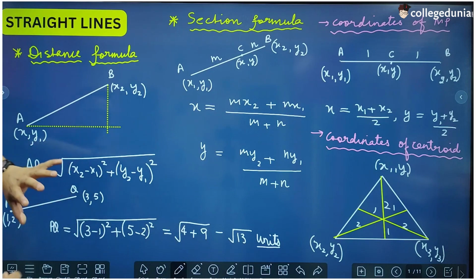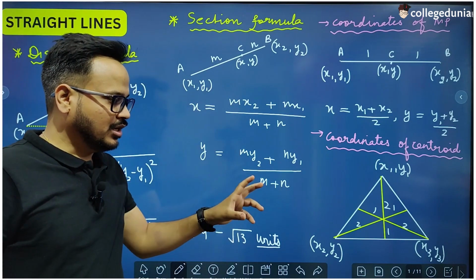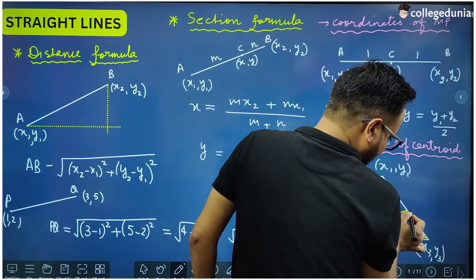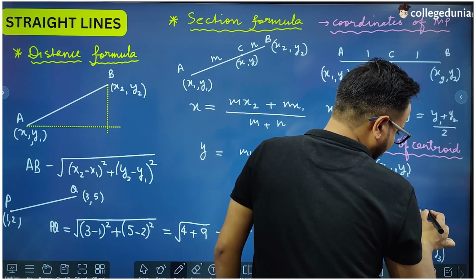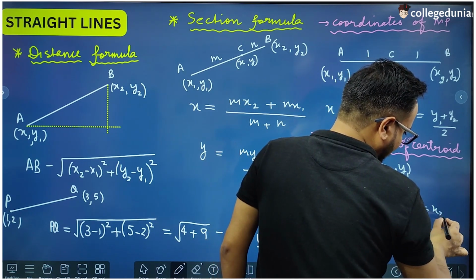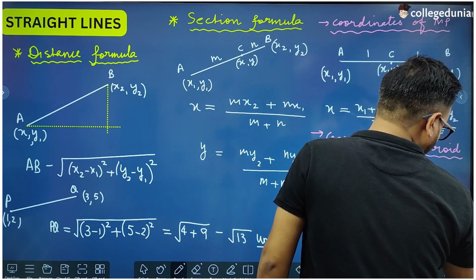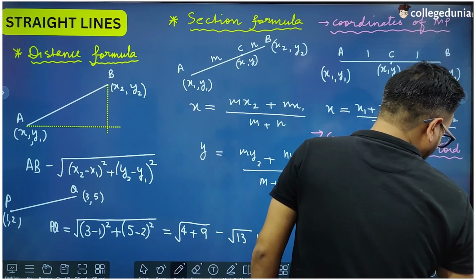So using these two formulae, we can find the coordinates of the centroid. Since this is the midpoint of this, the x coordinate of this is x1 plus x3 by 2, and the y coordinate is y1 plus y3 by 2.